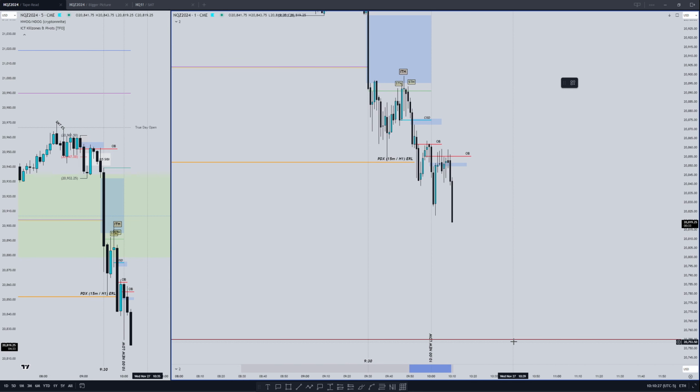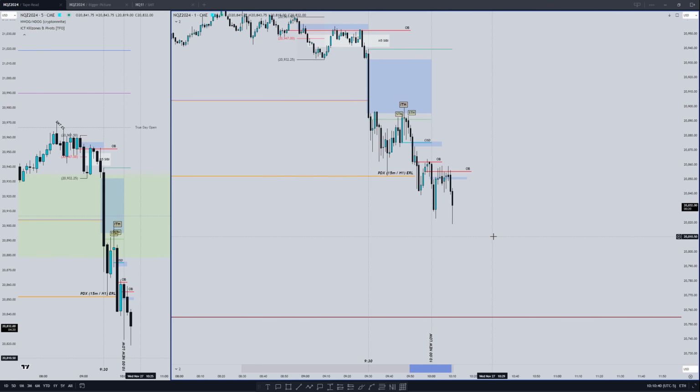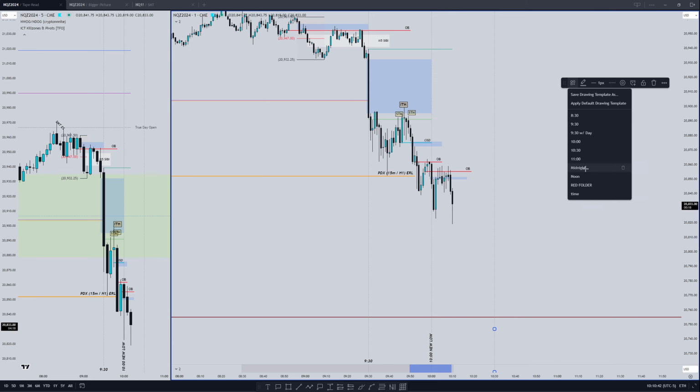So the next DOL that I have in mind is 2755, as mentioned previously. And then 2693 would be after that. But, you know, the next draw as well for time would be 1030.